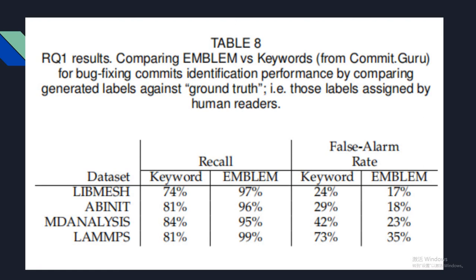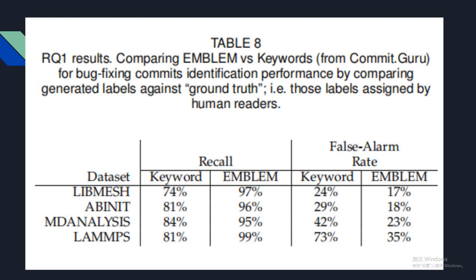Human labeled commit logs serve as the ground truth labels. We compare the software engineering keyword labeling method and the proposed Emblem against the ground truth labels, looking at the accuracy of Emblem and keyword labeling against human labels in table 8.